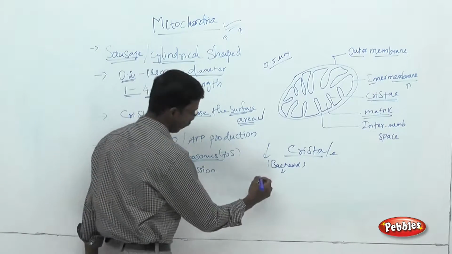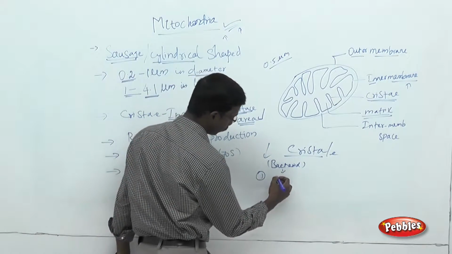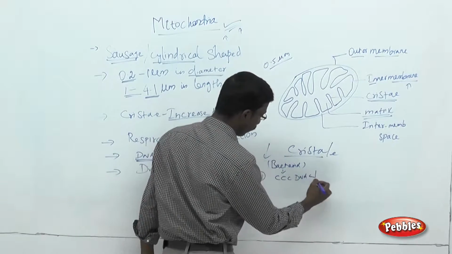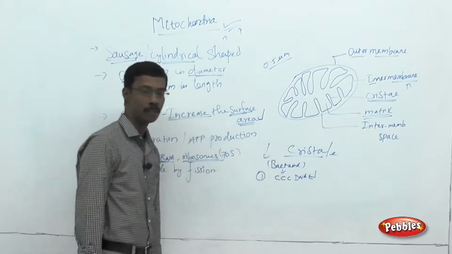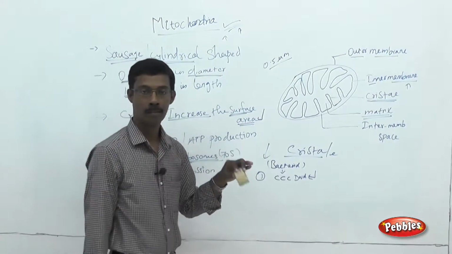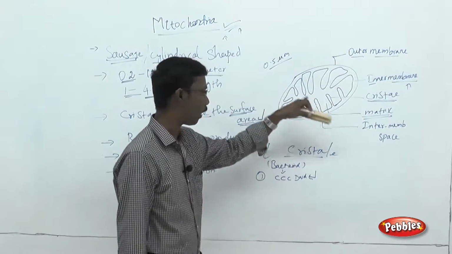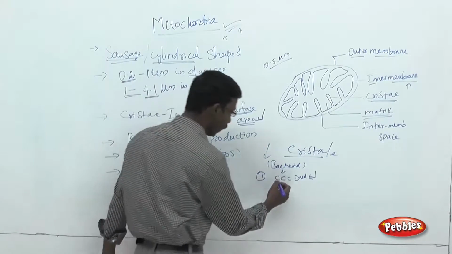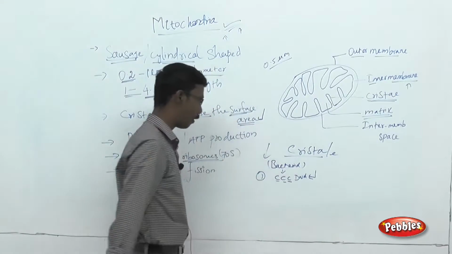First, the mitochondria possess covalently closed circular DNA. We know the eukaryotic cells possess linear DNA, not circular DNA, but mitochondria have their own DNA, in the form of covalently closed circular DNA.